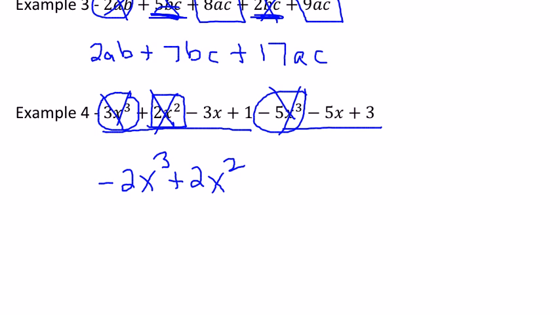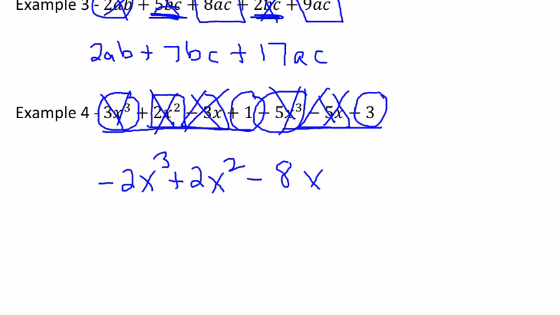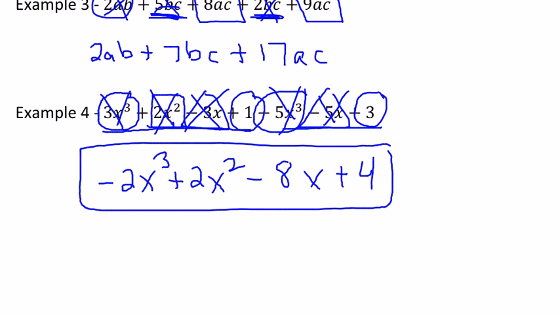I look for the x's. I've got negative 3x and a negative 5x. They're both negative, so I add, and so that's going to give me a negative 8x. And then finally, I'm just left with the terms that have no variables, which we call constants. And so 1 plus 3 is going to give me 4. So negative 2x cubed plus 2x squared minus 8x plus 4 is the correct answer.